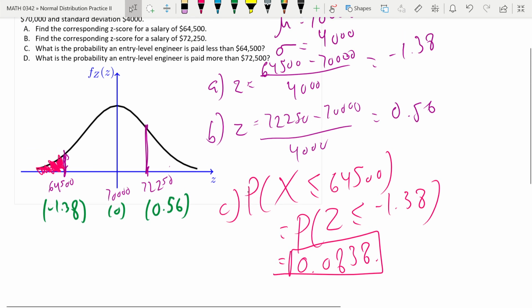Now next we have part D, which asks the probability they get paid more than 72,250. Let's go ahead and choose a specific shade of blue. Okay. And this is this area here in blue. And it's more than, so we're looking for an area to the right.